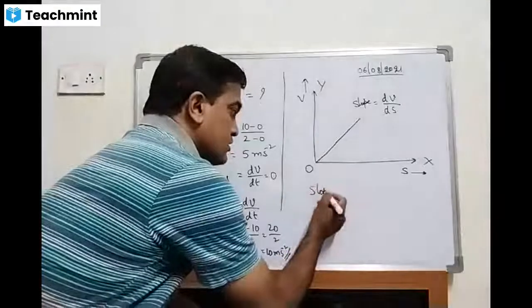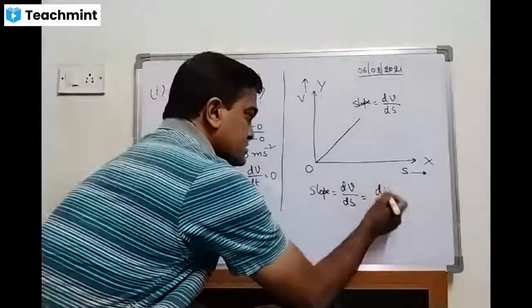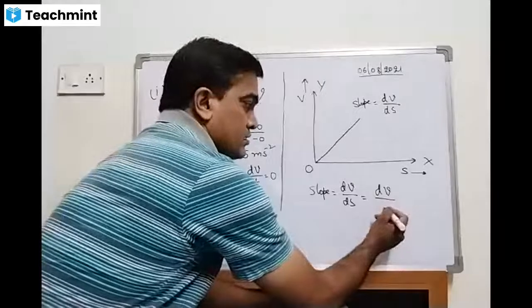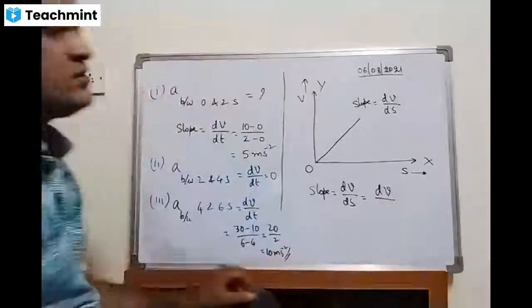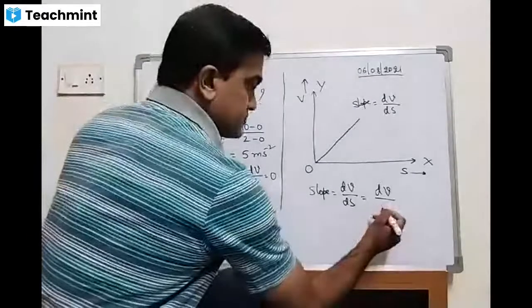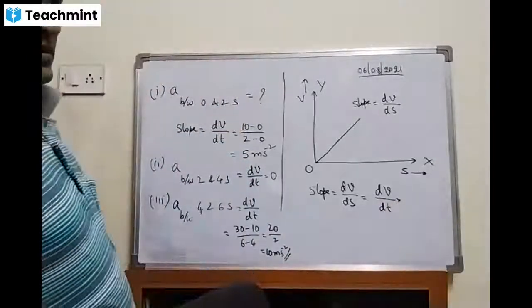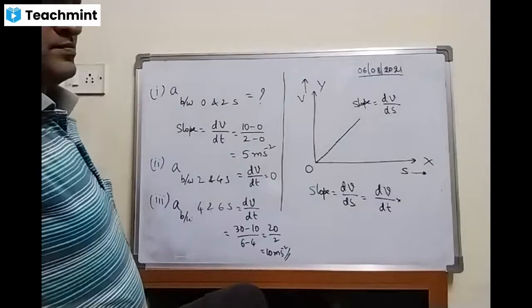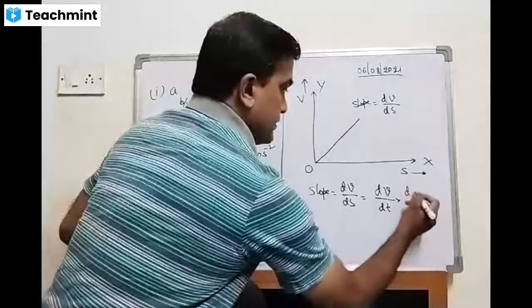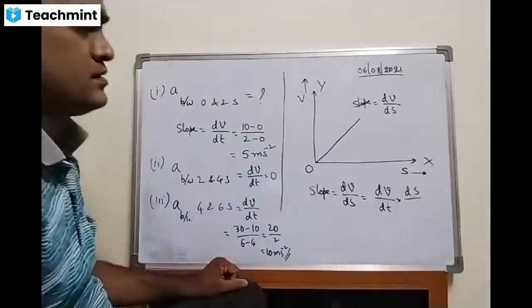Slope is equal to dv by ds, which can be written as dv by dt divided by ds by dt. Right?